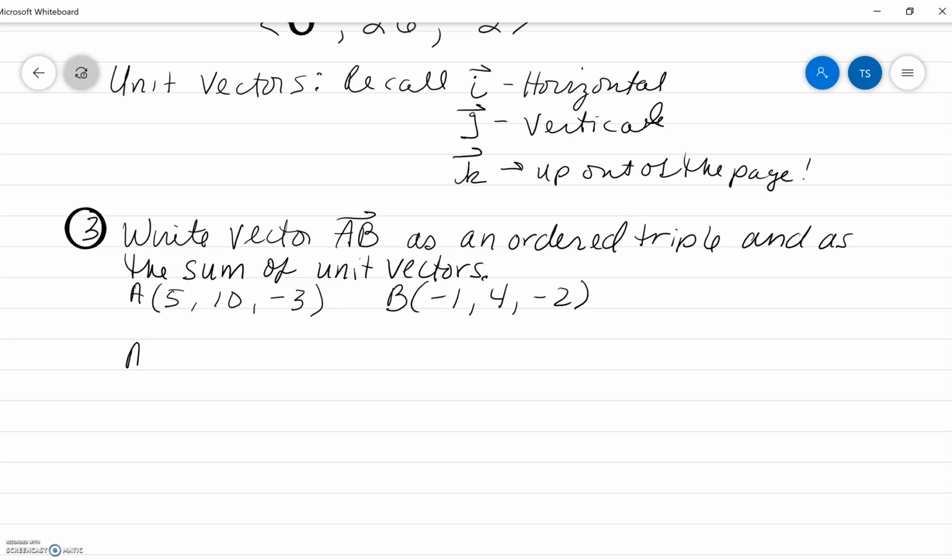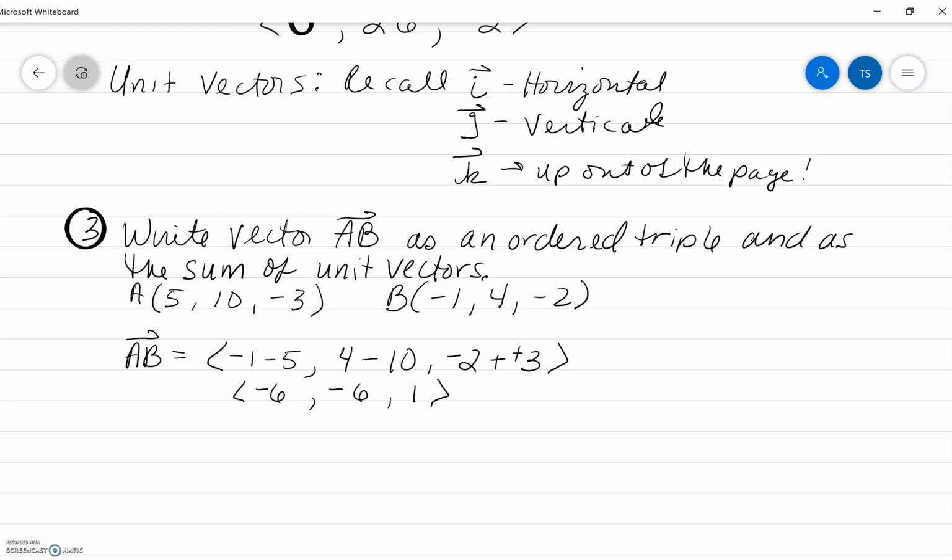So, to write the ordered triple for vector AB, we're going to do -1 minus 5, 4 minus 10, -2 minus -3. Oh, sorry, wrong order altogether. Make that plus the positive, of course. -1 minus 5, that's -6. 4 minus 10 is -6 again. And then that's going to be 1. There is your ordered triple.